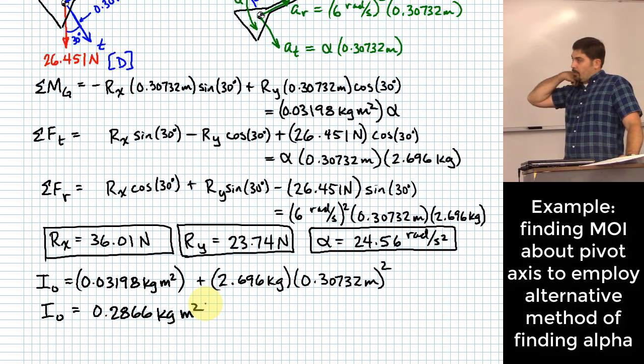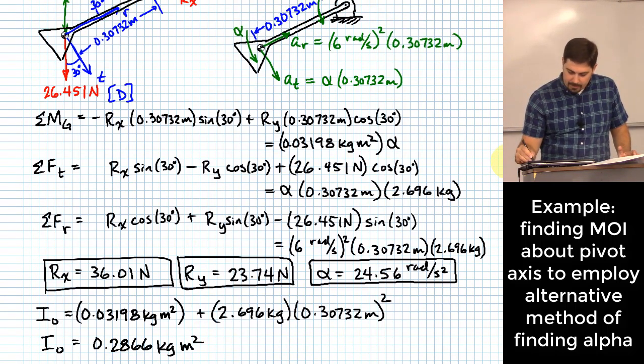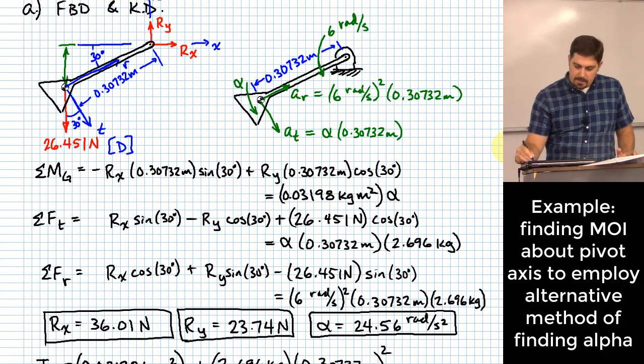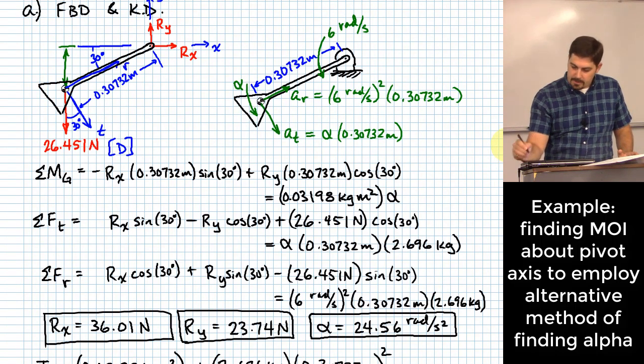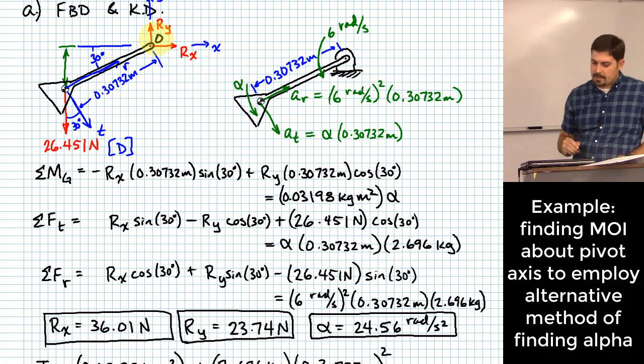Okay, well, what do I do with that? Well, now, when I look at my free body diagram, I can sum moments around this point O. This point O right up here where it's at the origin, basically.